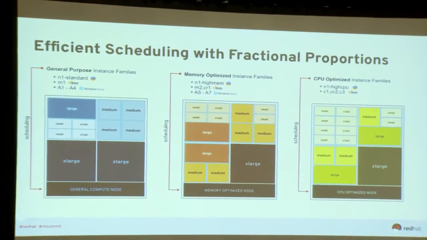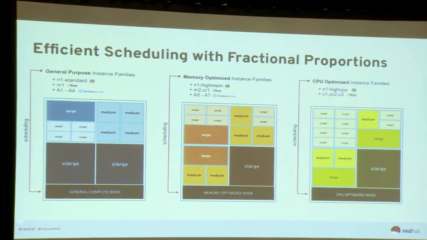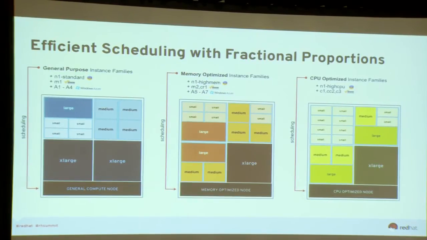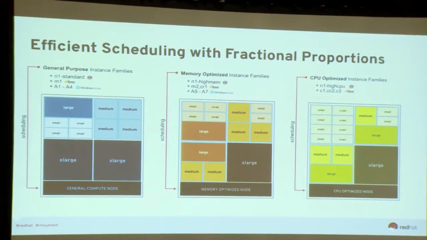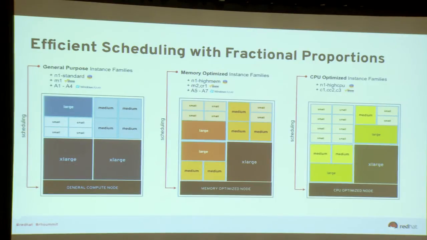A memory optimized node is going to have more RAM than the other nodes. So when you request an N1 high mem, or on Amazon maybe an M2 or CR1 class of virtual machine, it's going to be placed on a compute node that matches that profile. This is how they provide consistency of performance at very large scale. They don't let the customer randomly create a virtual machine and plop it somewhere on a node. And finally, on the left, you have a general compute node that solves across the board for all three.